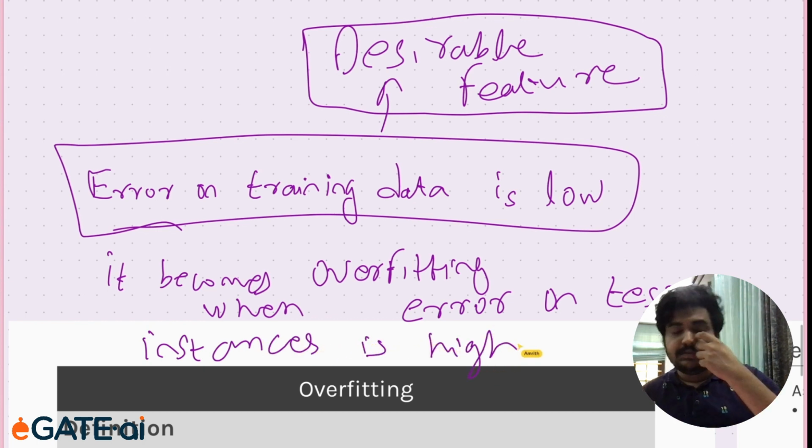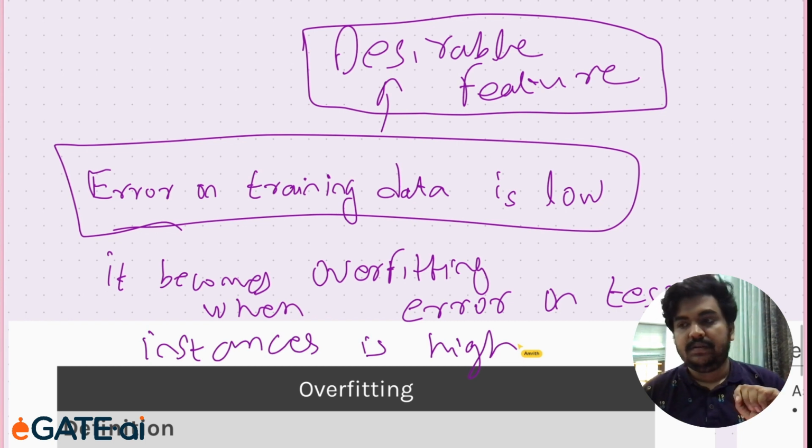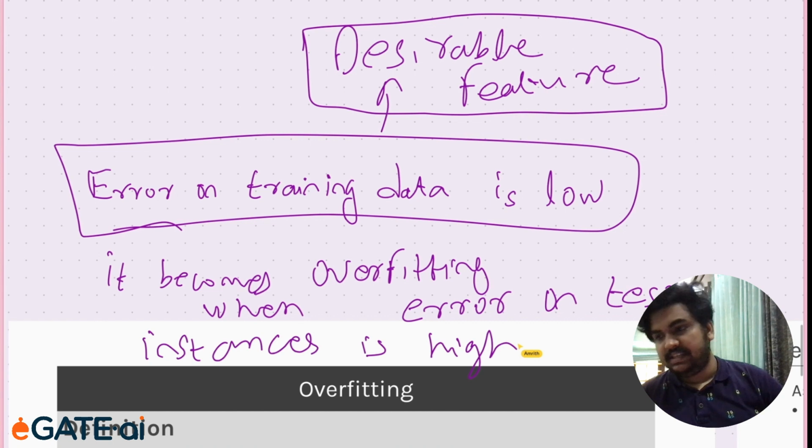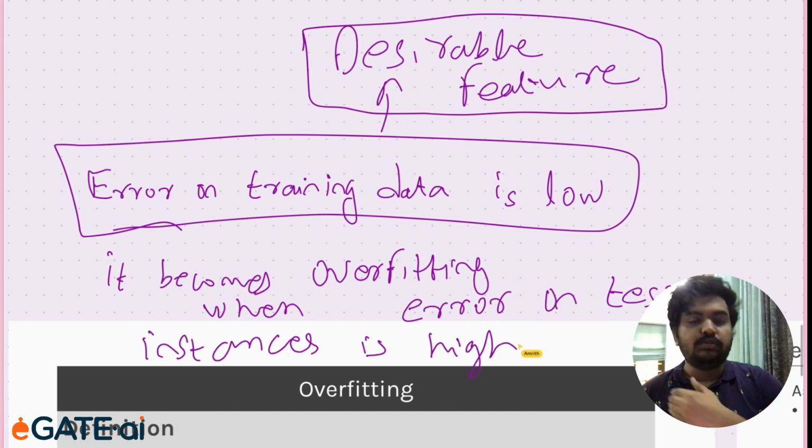So this is the difference between generalization and memorization. When you do overfitting, the system may predict very well on everything it has seen, but it doesn't do a good job at all for any new input.